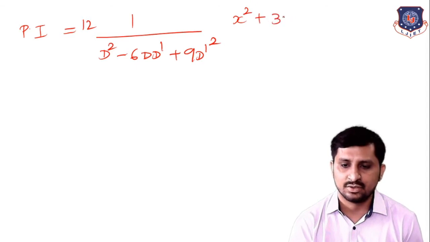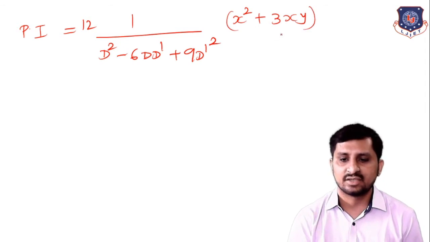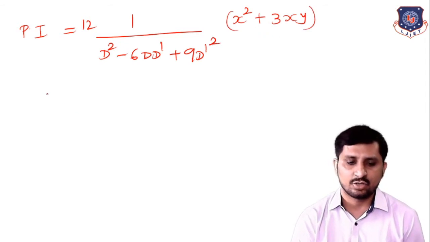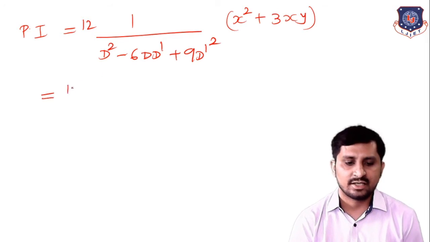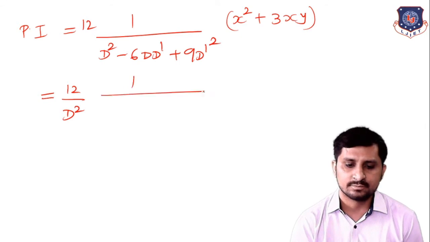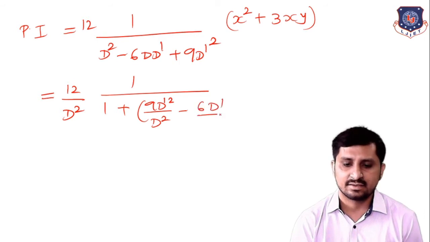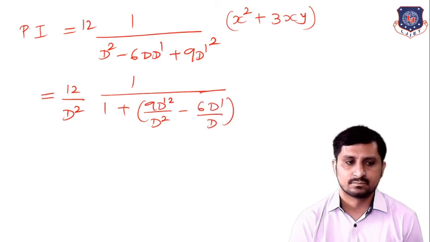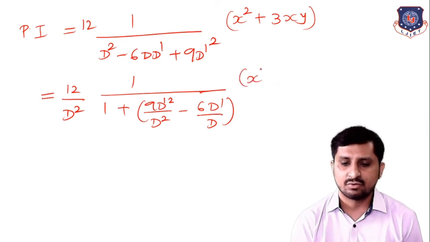So now I have 3xy. What is my function? The function is 12x square plus 36xy, so I can take 12 as a common term. Now D square I can also take common. So 12 by D square, 1 upon (1 plus 9 D dash square by D square minus 6 D dash by D), into x square plus 3xy.